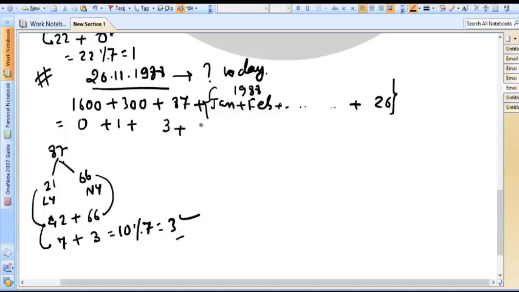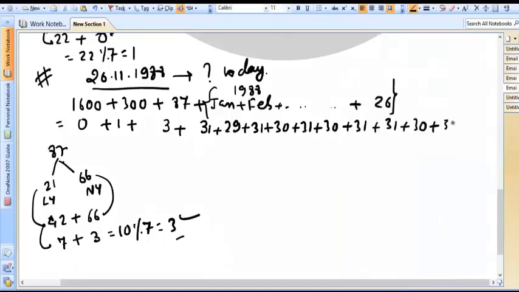Now from January, February, this is a leap year, so I should have 29. February, March, April, May, June, July, August, September, October, and then November will be only 26 days, right?